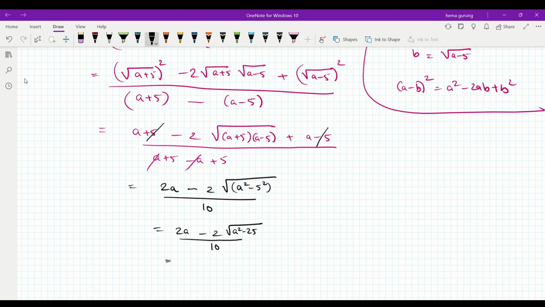If we simplify it further, you can write it as (a − √(a² − 25))/5.